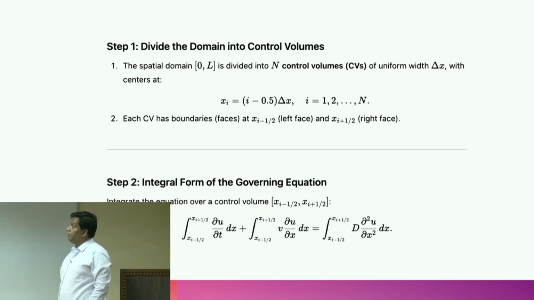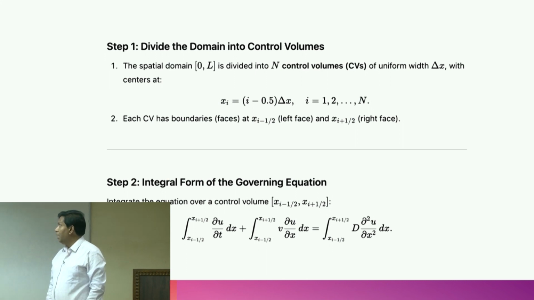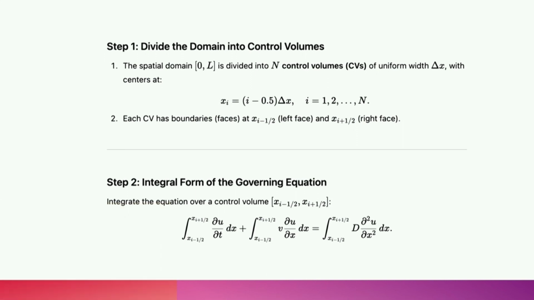So, as before, the length is L, we will divide it into n control volumes, and the center of the control volume is xi, which is i minus 0.5 del x, and each control volume has a boundary. As I said, the left one is xi minus half and the right one is xi plus half.